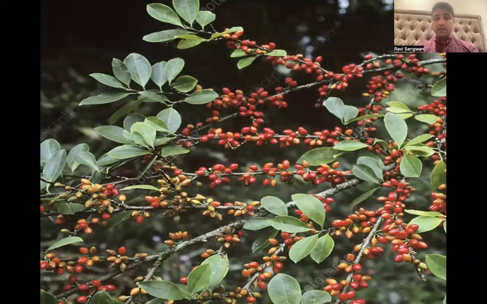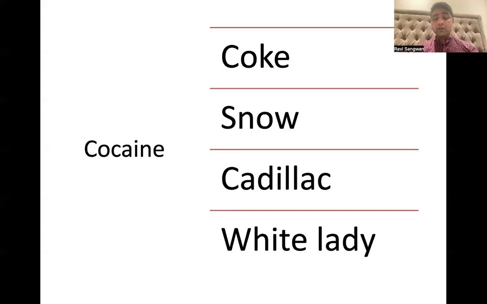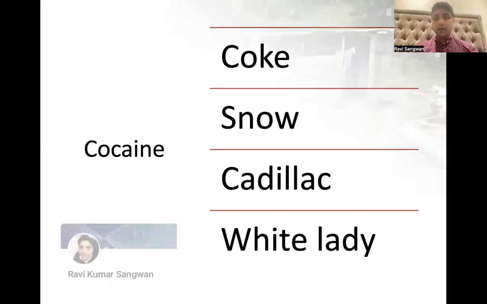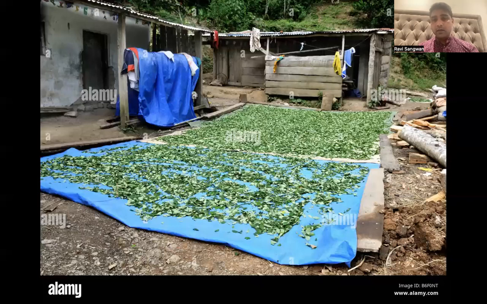You can easily see this is the physical identification of the coca tree. Cocaine is also known as coke, snow, Cadillac, white lady. And you can see these leaves, and those fruits are dried on carpets in India before using it.